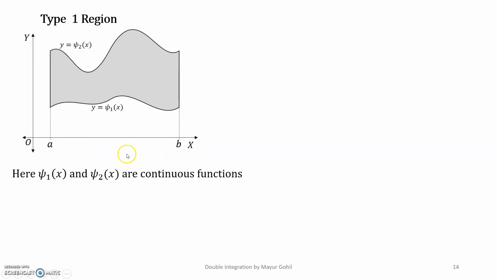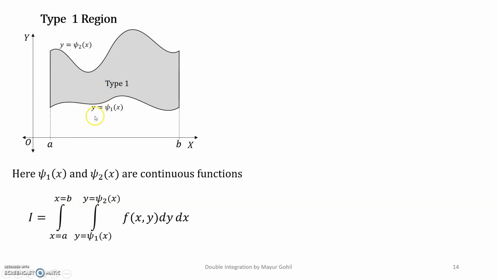If I want to write the integral of f of x y on such a region, then the double integral shall be written in this manner: double integral f of x comma y dy dx, and the limits of y are y equals psi 1 of x up to y equals psi 2 of x, and the limits of x are x equals a to x equals b. Such a region is called type 1 region. Basically, this is what we associate type 1 region with such an integral.